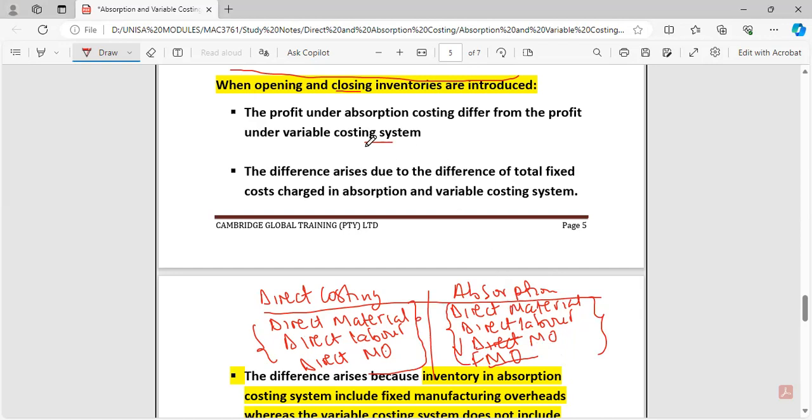So what makes this profit different is when you value your inventory. Remember, we say sales less cost of sale, then less the variable cost, then we now less closing inventory.